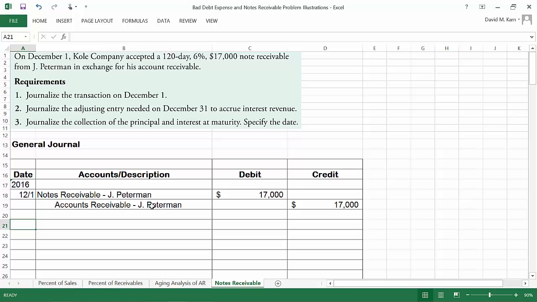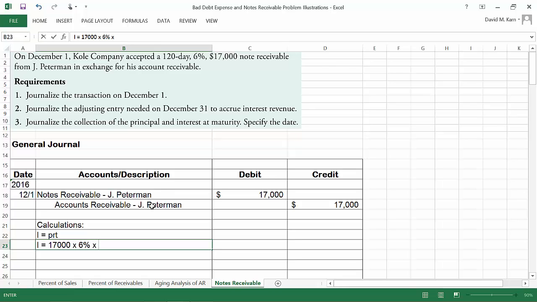So let's do some calculations. Remember, to calculate our interest, we would take our formula I equals PRT. So in this case, we will have interest equaling the principal, in this case 17,000, times the rate of 6% interest, times the time.